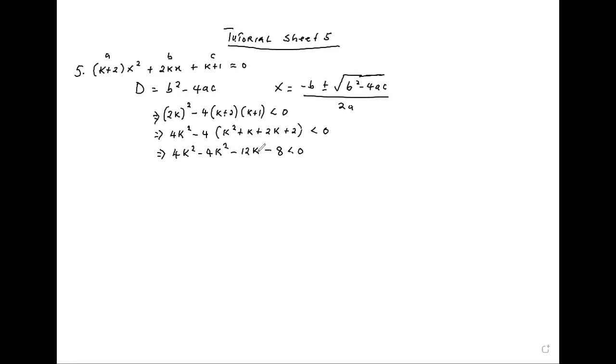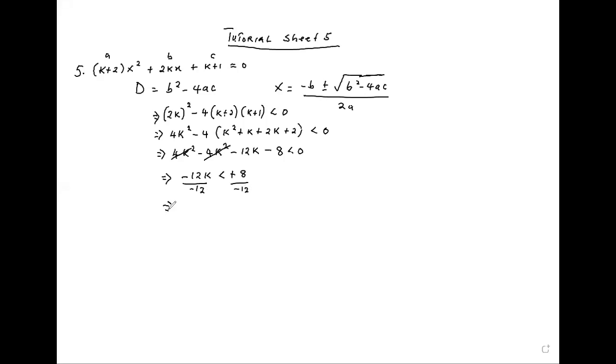So our eyes are seeing that this one will be taken away by the other, so that we remain with negative 12k less than 8. Then we divide by negative 12.